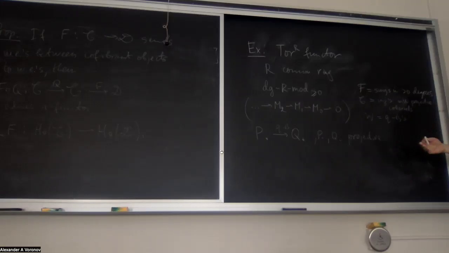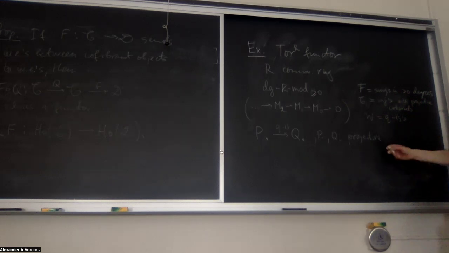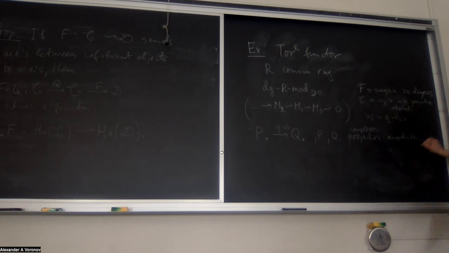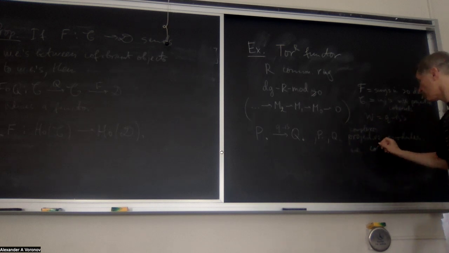I mean, a cofibrant object is one for which the morphism from 0 to it is a cofibration. This means that the cokernel is just the whole thing, and so it means that each term is projective. Right? So these are projective complexes, complexes of projective modules, i.e. cofibrant objects.